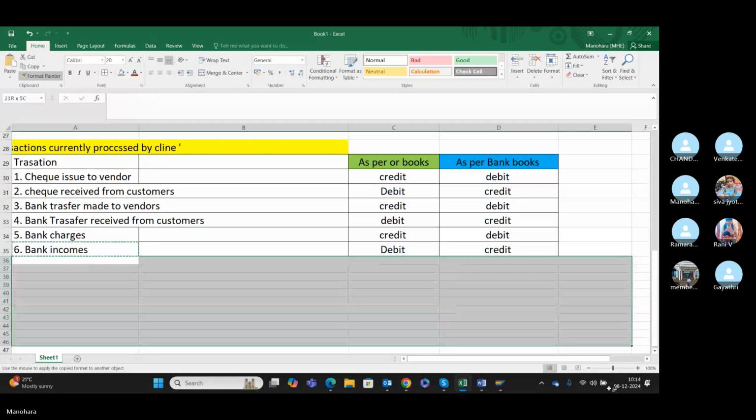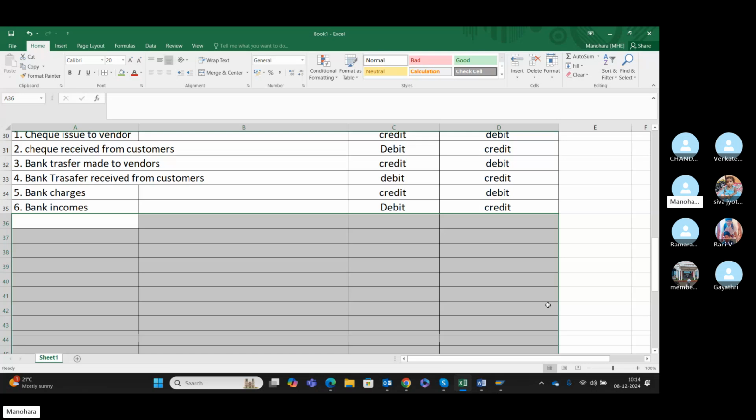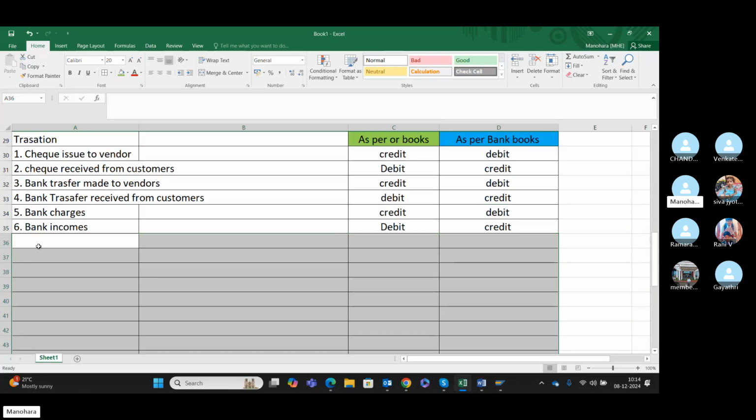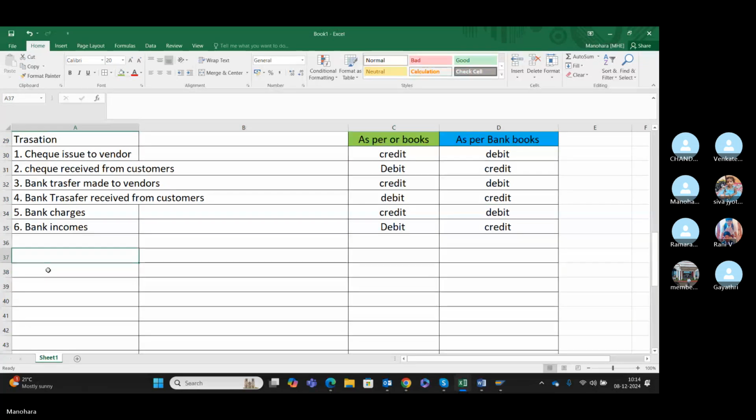So now, first, how we are going to perform BRS. What is the base?